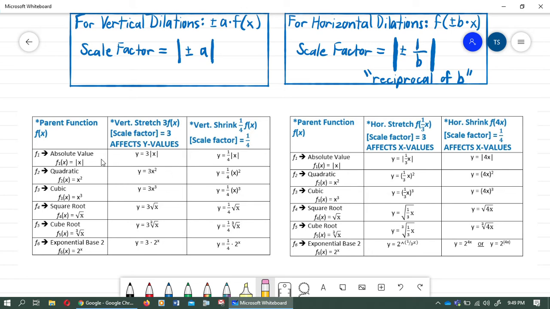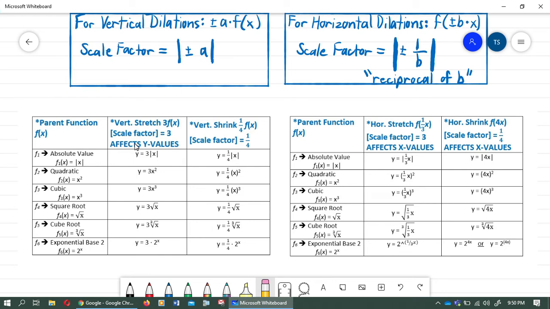In this chart on the left here, we can see it has vertical stretches and vertical shrinks. The scale factor for these vertical dilations is pretty much going to be straightforward.